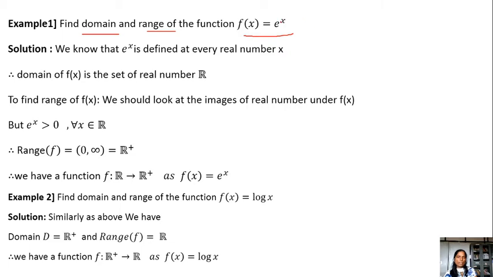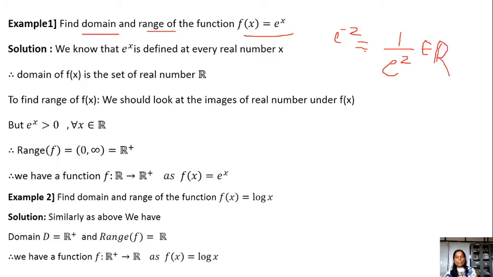It is 1. If you put x equal to, say, 2, e raised to 2 is whatever, it doesn't matter, it is positive. And if you put x equal to minus 2, what is e raised to minus 2? If you take the reciprocal, you will get 1 upon e raised to 2. So it is defined. Obviously that belongs to the set of real numbers R. So it is some real number, it doesn't matter.